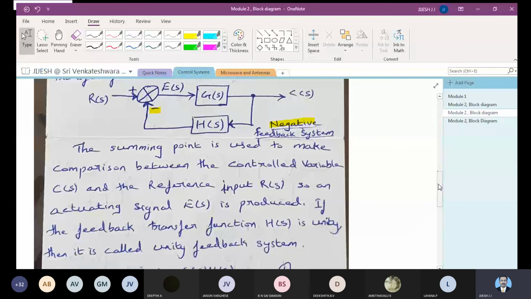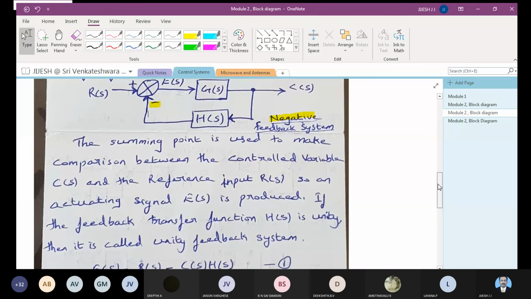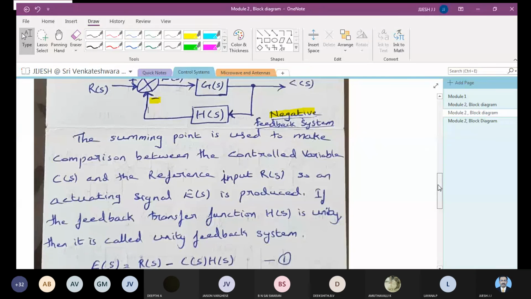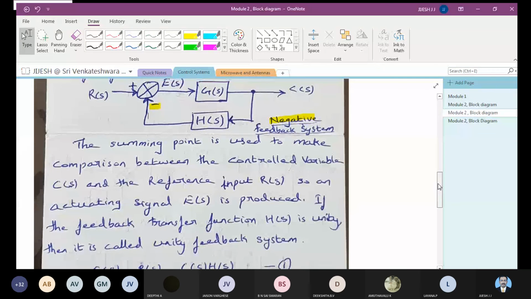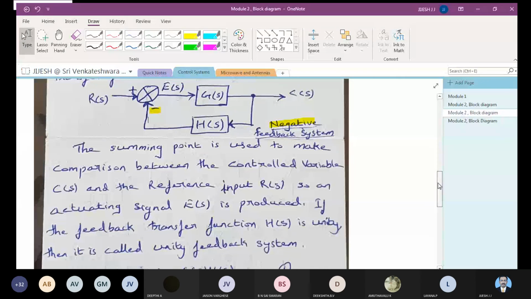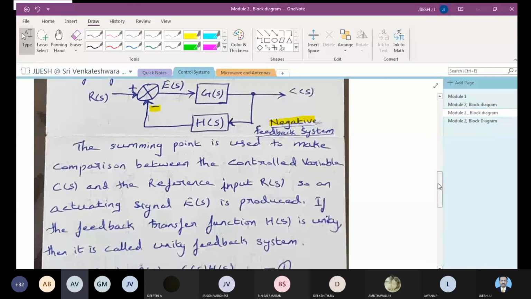So all of you have completed that figure. From the figure, can you write E of S?